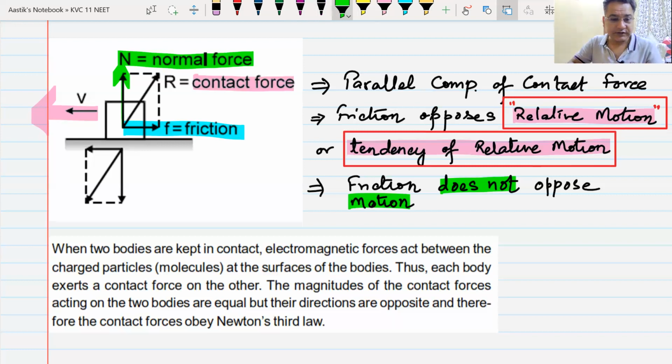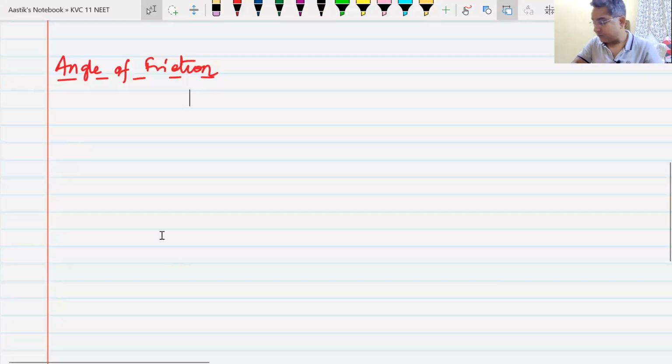Angle of friction is the next heading that we'll write. Now, what do we mean by this angle of friction?